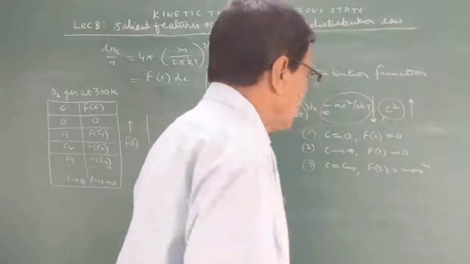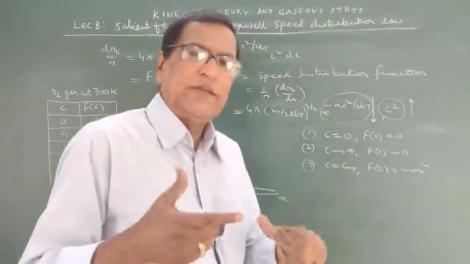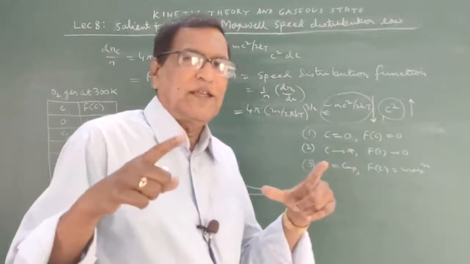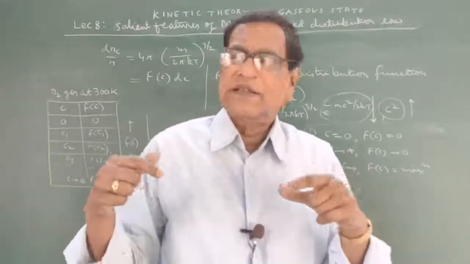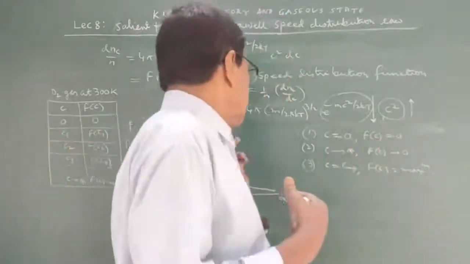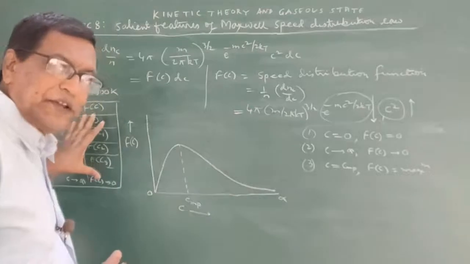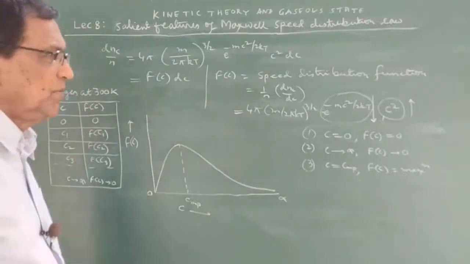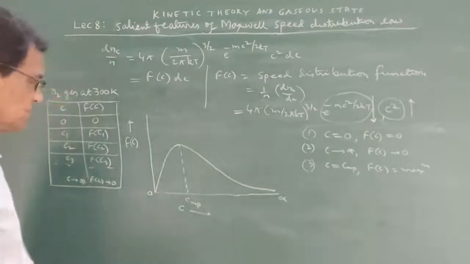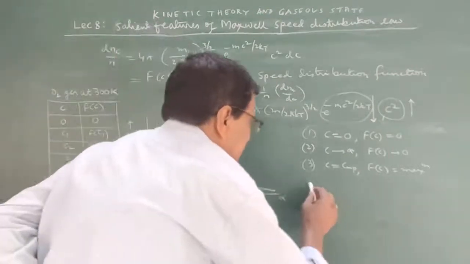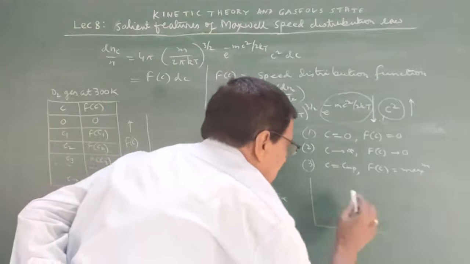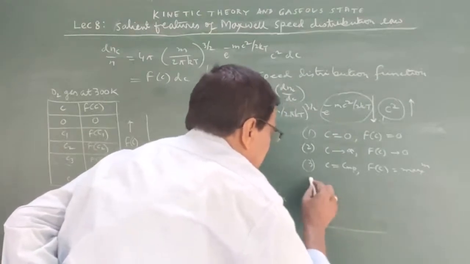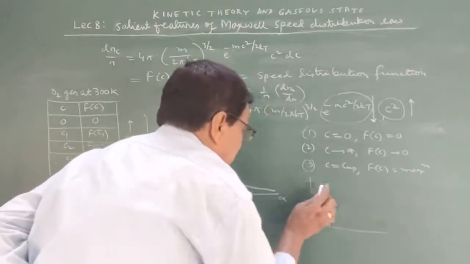And if you like, you can also draw the distribution curve. You first make a table and then draw a distribution curve, and the distribution curve will be like that.